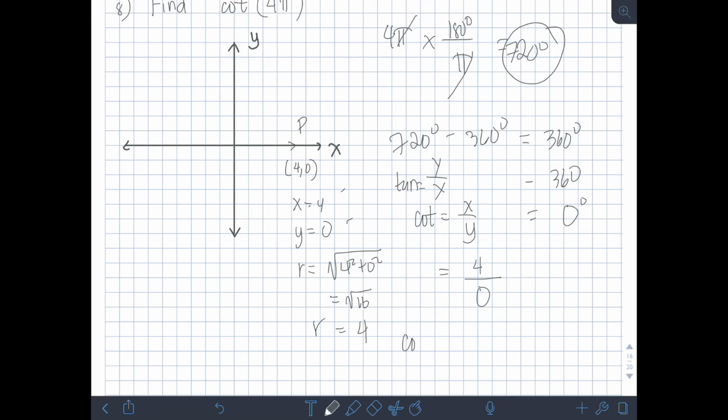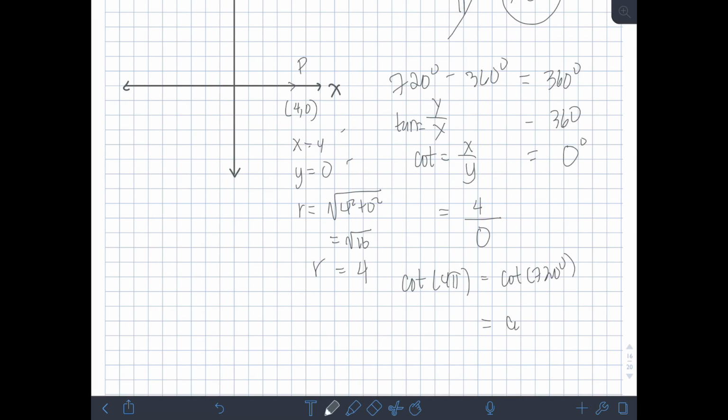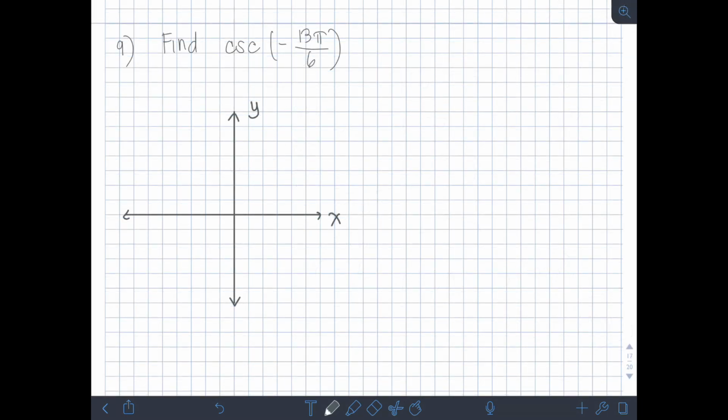So, yung cotangent 4 pi pala natin, or cot 720, or yung cotangent 0 degrees coterminal sa kanya, is undefined.